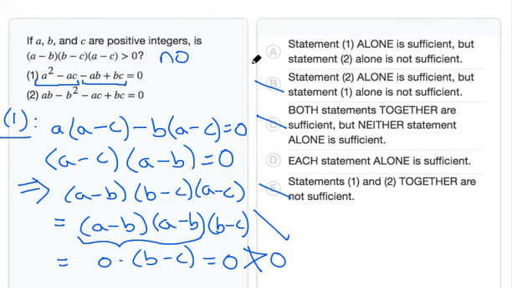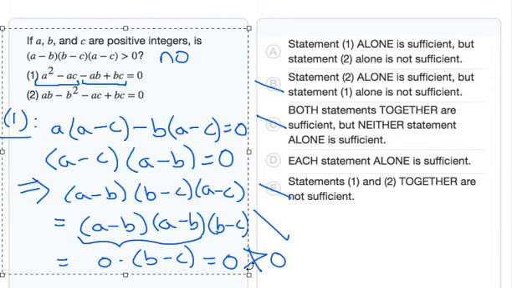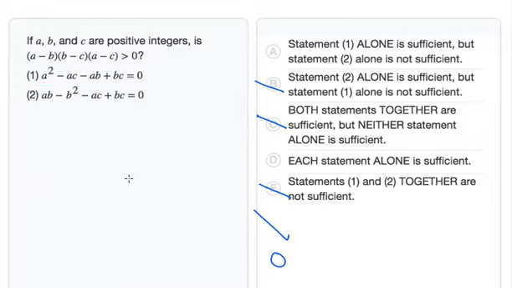To narrow it down even further, we're going to have to consider statement 2. Let's delete these and create some space. For statement 2, we're going to use similar reasoning.